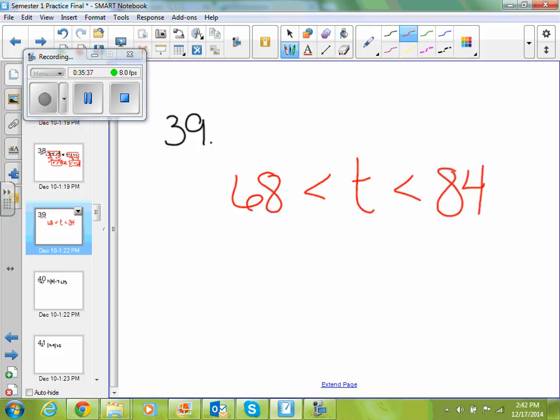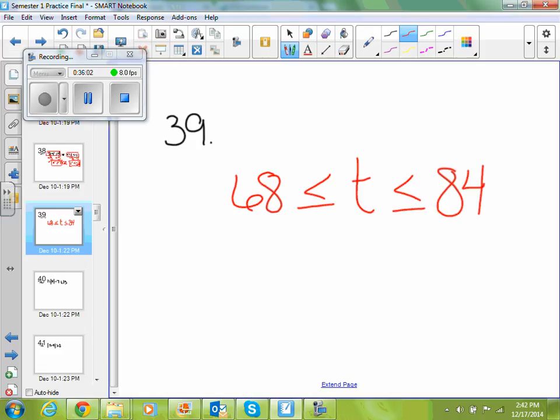Can we equal those numbers? Can our temperature equal 68? Yes, our temperature can equal 68. Can our temperature equal 84? Yes, so we would use less than or equal to symbols. It said the low temperature was 68, which means it hit 68.